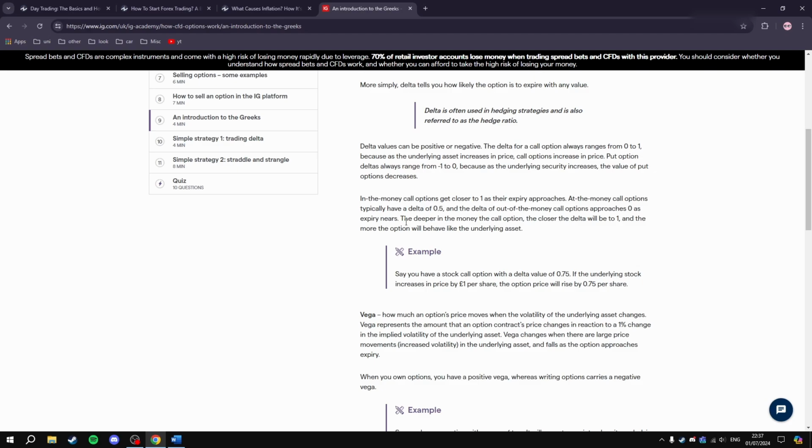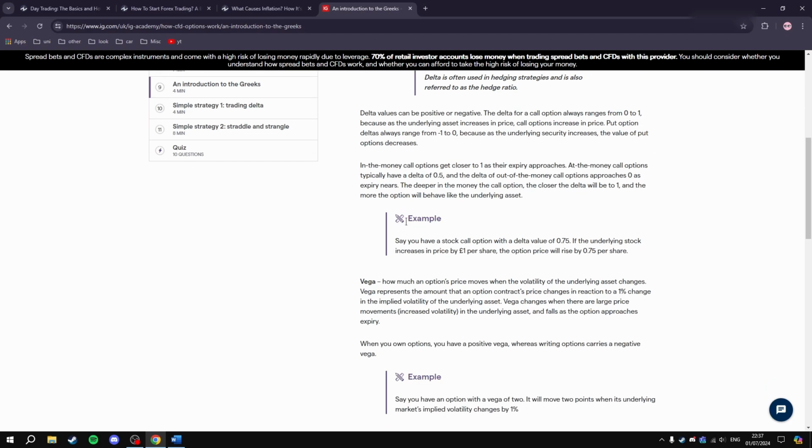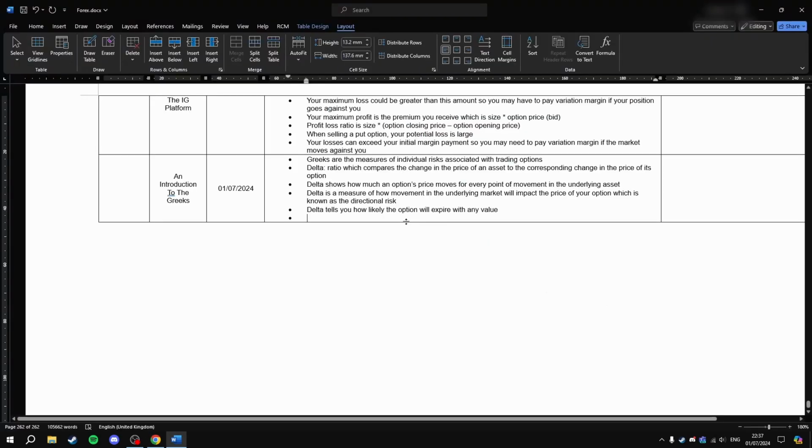Delta is often used in hedging strategies and is also known as the hedge ratio.